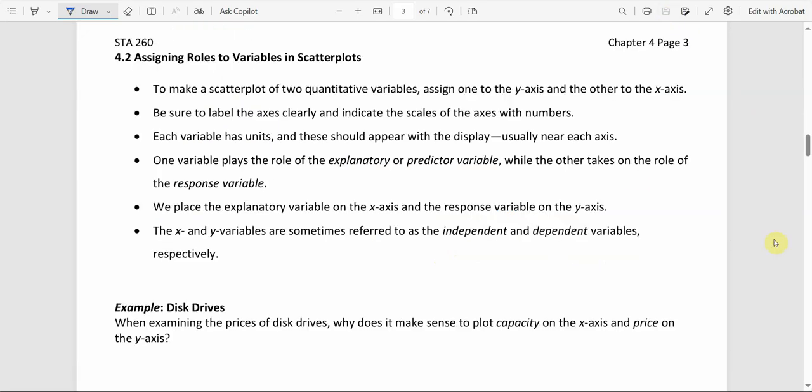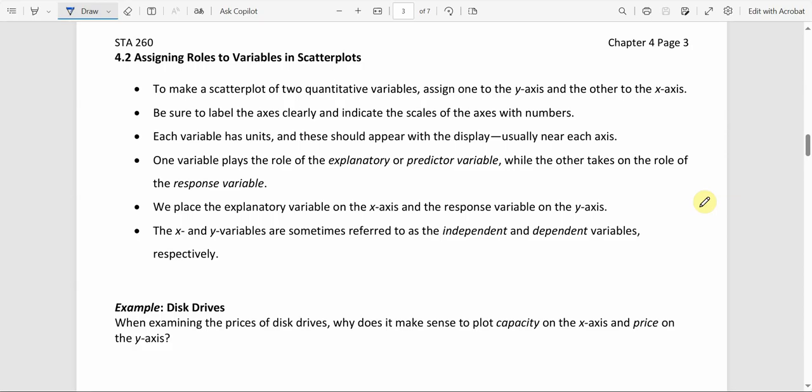Section 4.2 is pretty short. There's one idea in it, and that idea is, so you have two variables that you're measuring. Does it matter which one goes on the x-axis and which one goes on the y-axis? And the answer really is it depends.